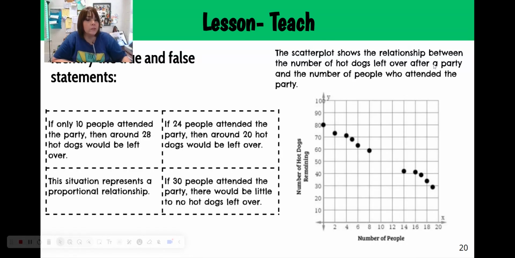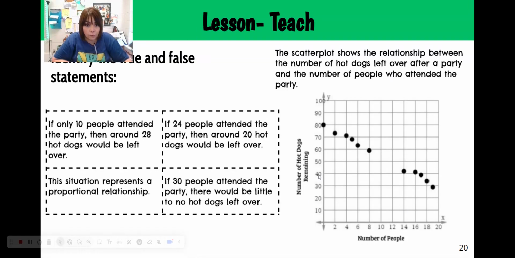So the 2 variables that are being compared, on my x-axis, I see it says number of people. So this number 8 represents 8 people at the party. The y-axis says number of hot dogs remaining, and remember this is remaining or left over after the party.